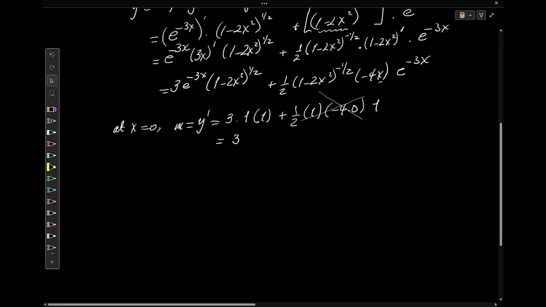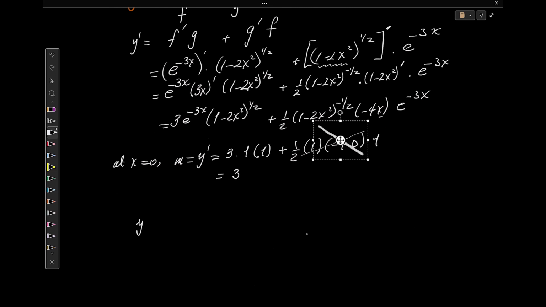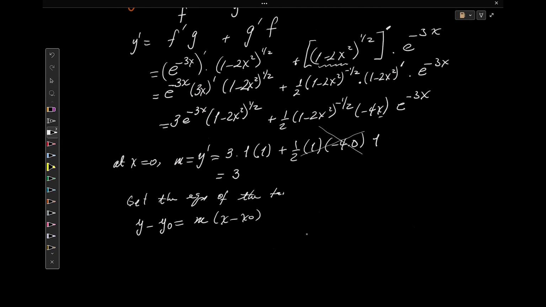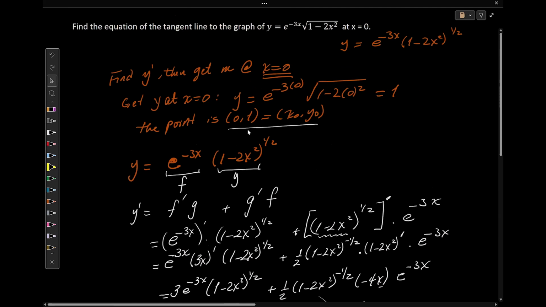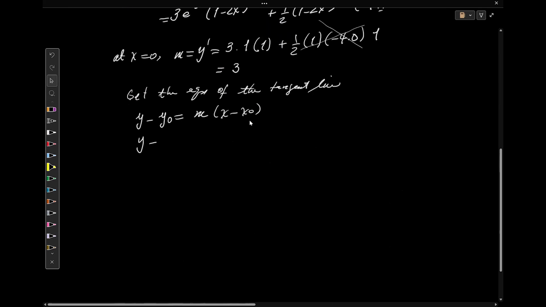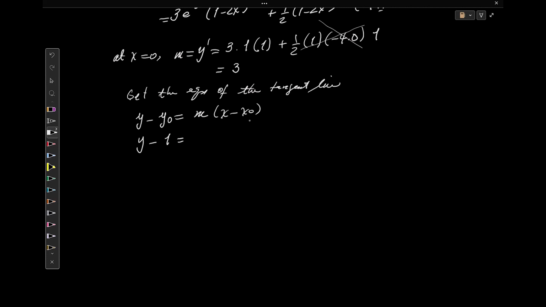I can use the point slope form, which is y minus y0 is m times x minus x0. Now he would say, get the equation of the tangent line. So y minus, what was y0? Where is it? Here, 1. m is 3. x minus x0 is 0.